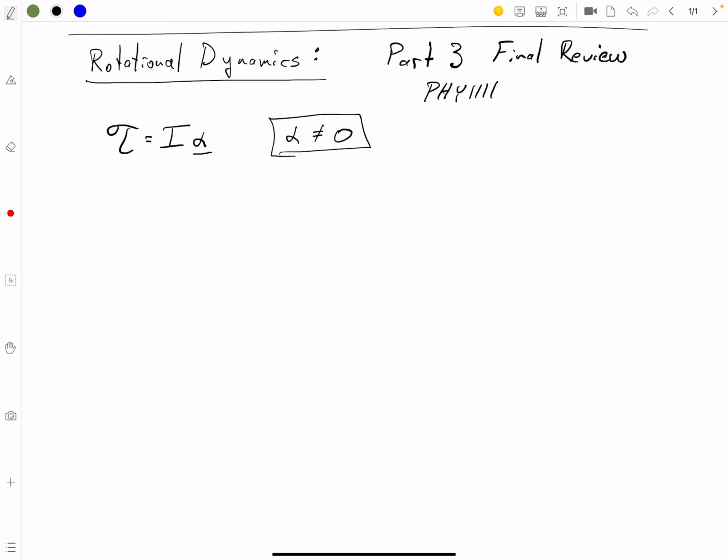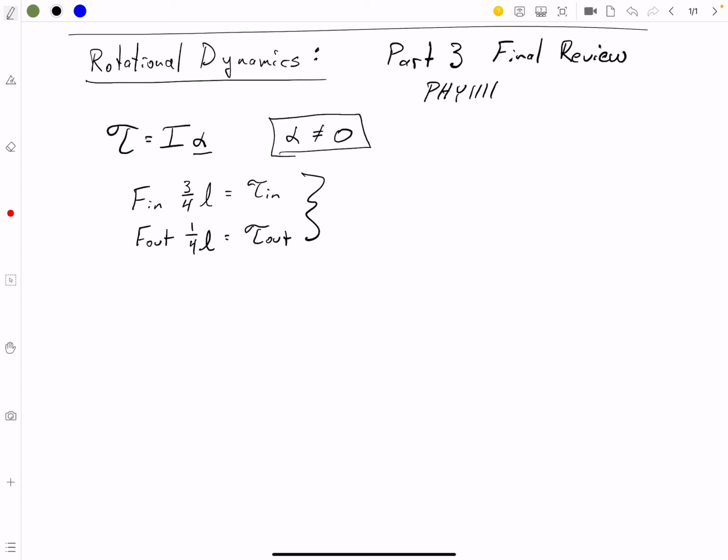Now we can take that same situation that we had before where we have our force in and we're multiplying it by 3/4 L for our torque in, and our force out times 1/4 L, and that's our torque out.